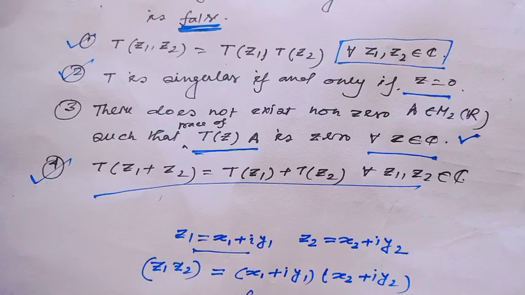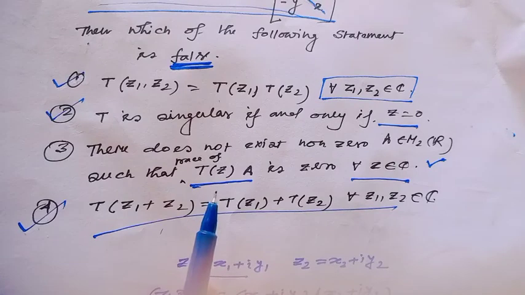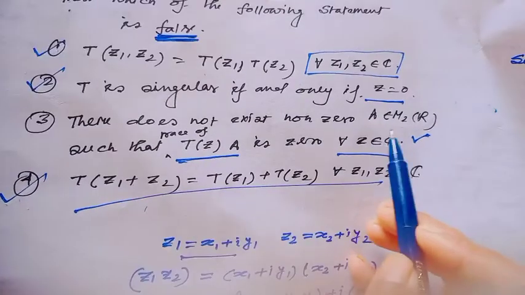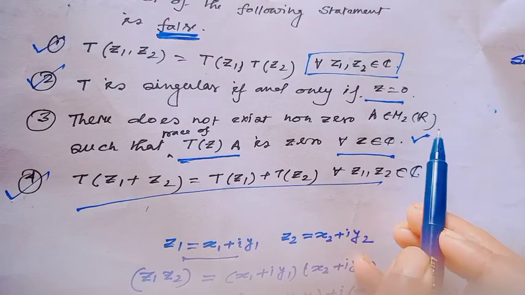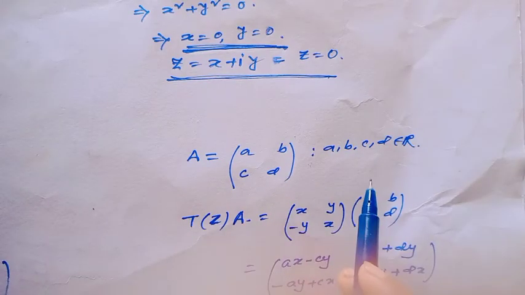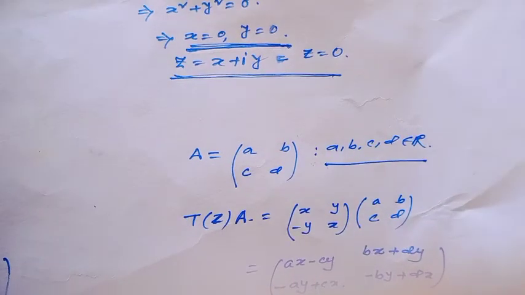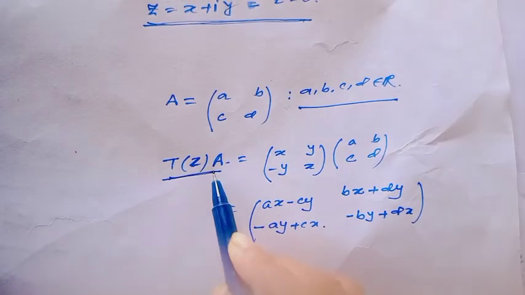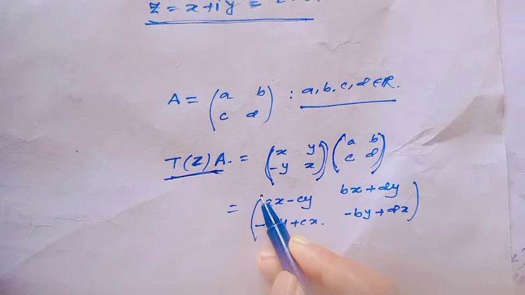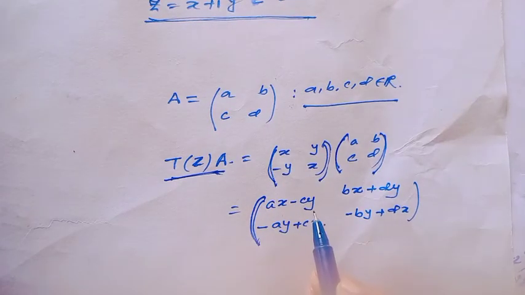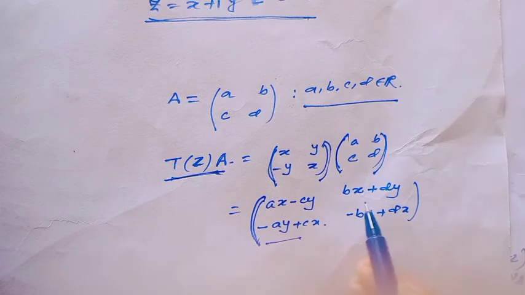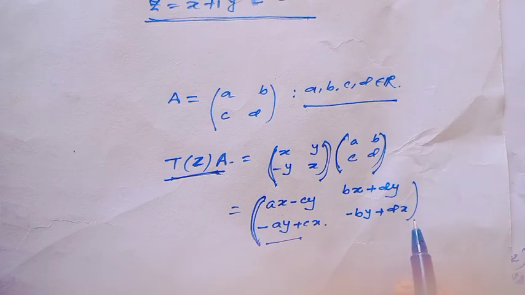Okay, let's check it. To check, trace of TzA is 0 for all z belonging to the complex numbers. Let A be any arbitrary 2 cross 2 matrix over the real field, equal to [a, b; c, d], where a, b, c, d belong to R. Then TzA, this matrix times this matrix, would be x minus cy in one column, and in the other column minus ay plus cx, bx plus dy, minus by plus dx.